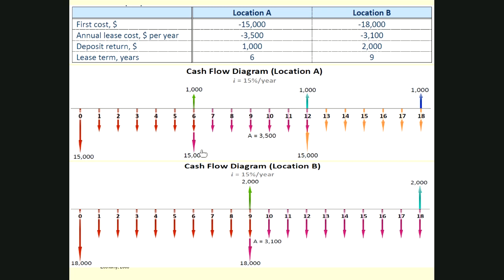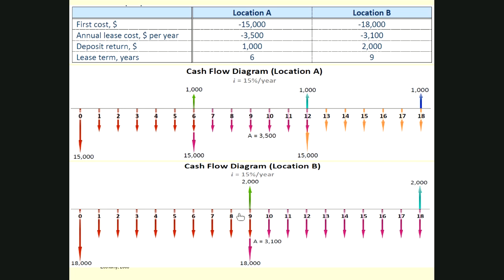In this case it will be 14,000 outflow converted to time 0, and we can do it also in year 12. We cannot do it in year 18 because there is no initial cost or outflow individually on year 18. But pay attention so you don't mess up your solution, because the 14,000 would also have the minus sign.